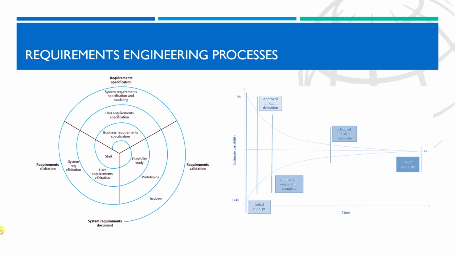Agile development can be used instead of prototyping so that the requirements and the system implementation are developed together. In virtually all systems, requirements change.